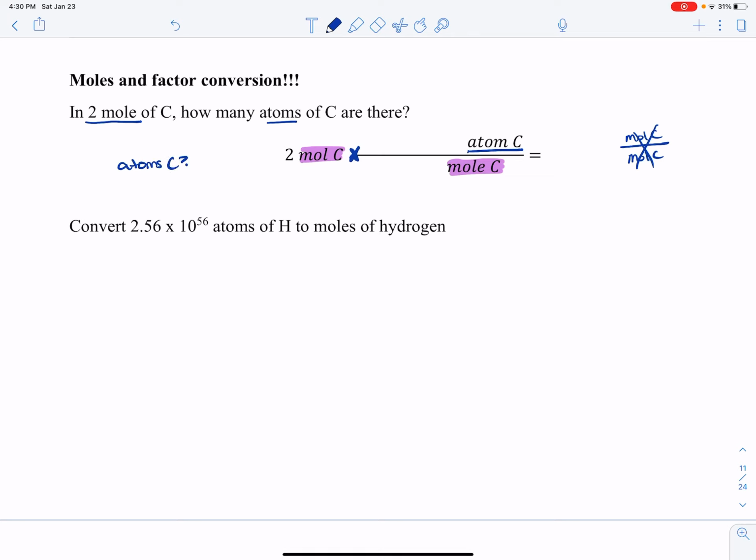So we want to figure out, we have moles and we have atoms. We know that in 1 mole, there are 6.022 times 10 to the 23rd atoms of carbon. So we do the math on that, and we get 12.044. I just multiplied that first number, but you can throw this in your calculator also.